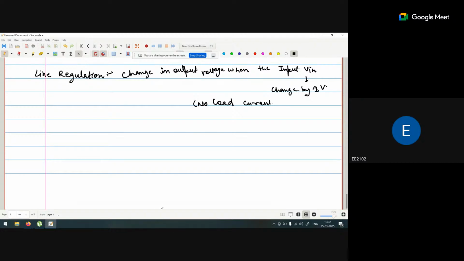So if we consider 2.2 volts, and now we consider 4.2 volts, with respect to this we are getting a V out voltage.